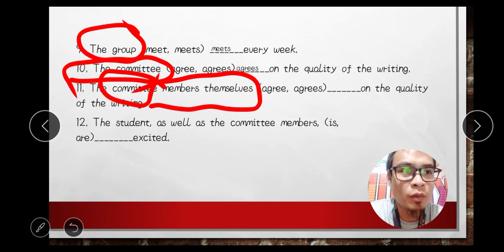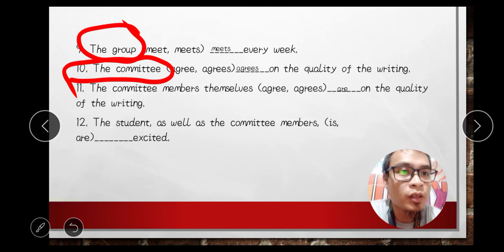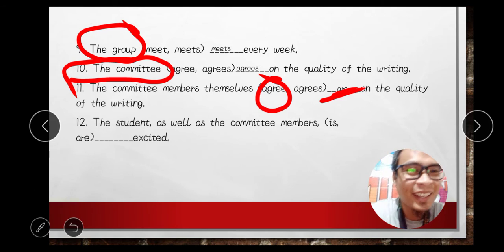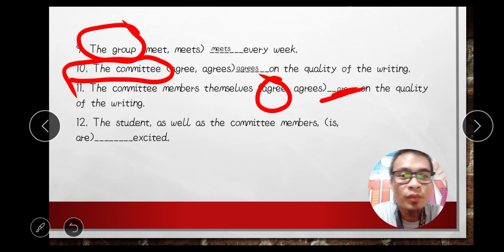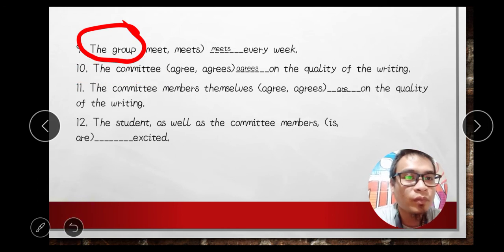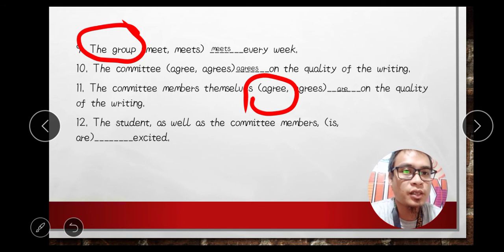So therefore, the committee members agree. The committee members agree. It's not is, it's agree. The answer is agree.